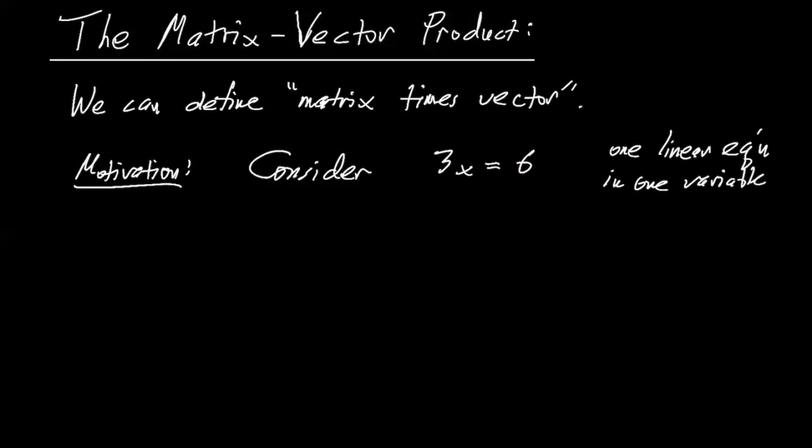And if you think about it, if we wanted to put this back in matrix language, there's lots of dumb things you could say here. You could rewrite it as an augmented matrix, like 3, 6. You could let A be the coefficient matrix. It's a 1-by-1 matrix.